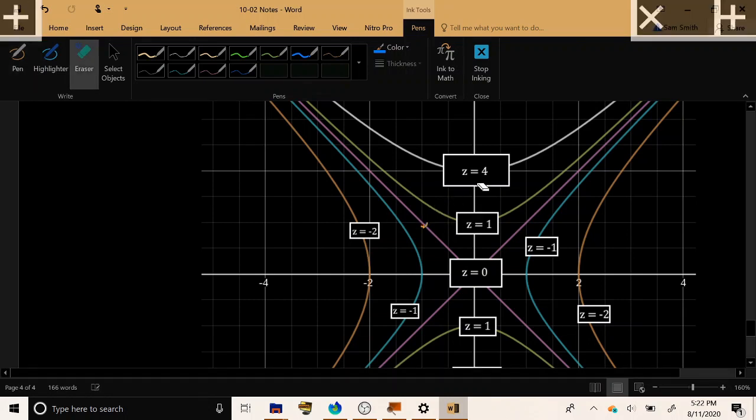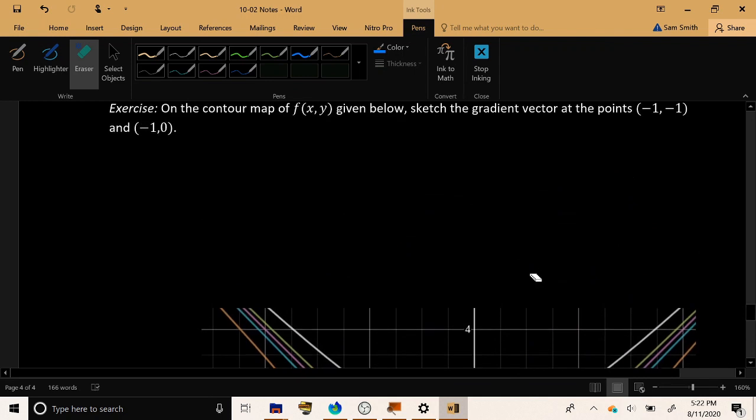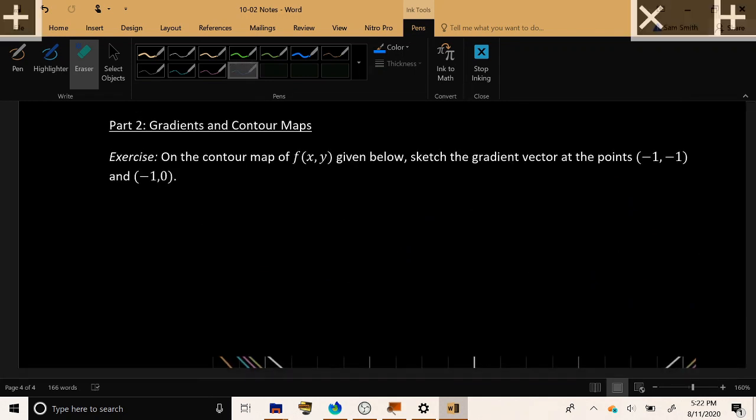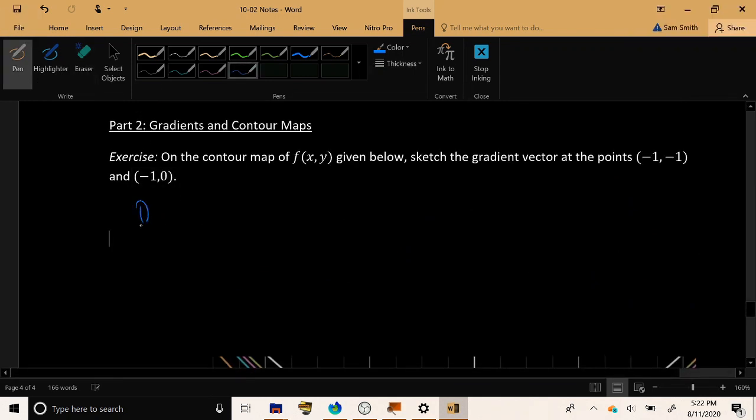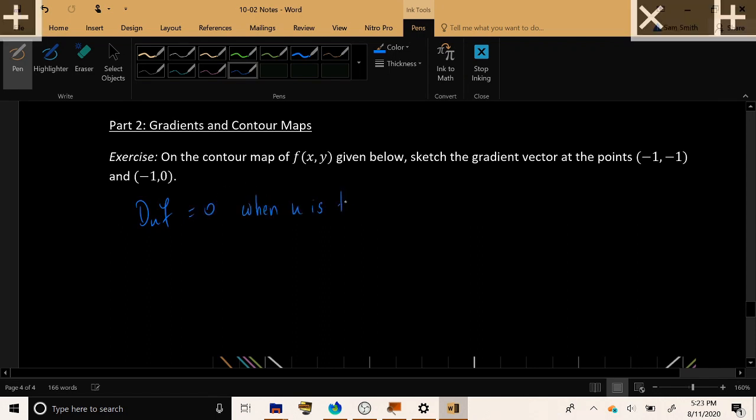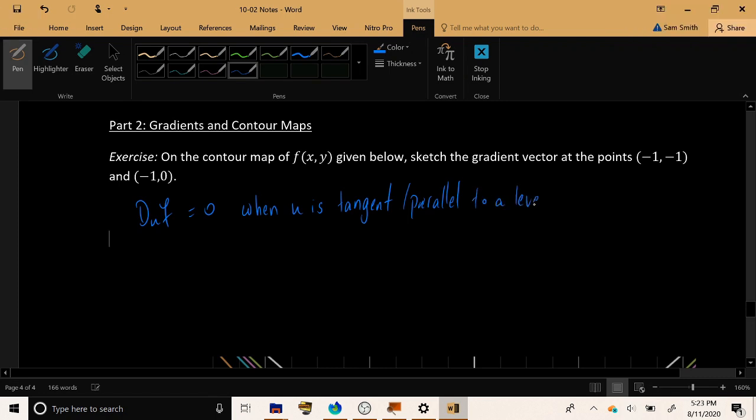And so we'll use another guiding principle to help us do that. We saw that the directional derivative D_u f is equal to 0 when u is tangent, or if you prefer parallel, to a level curve.